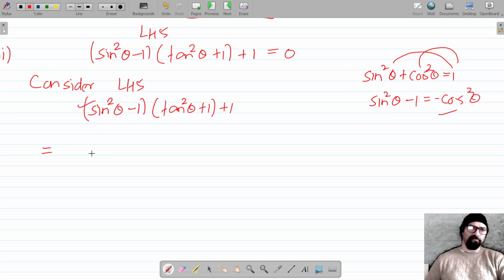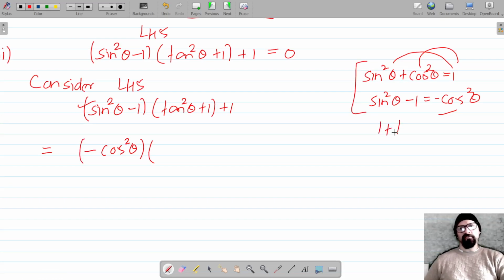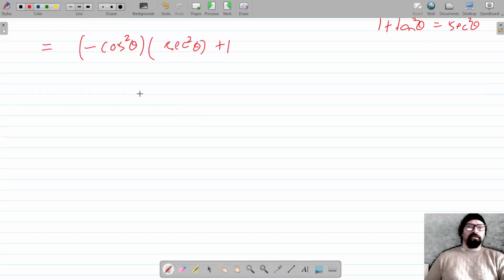So instead of this, I can write negative cos squared theta into. Also, 1 plus tan squared theta is equal to secant squared theta. So instead of this, I can write secant squared theta plus 1.